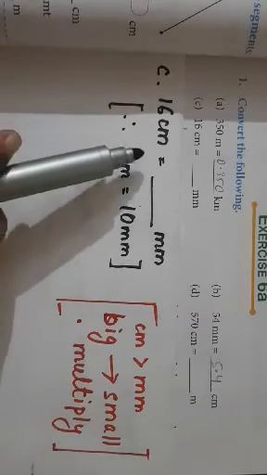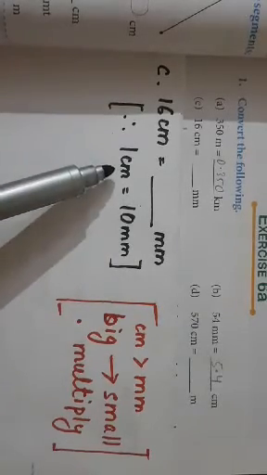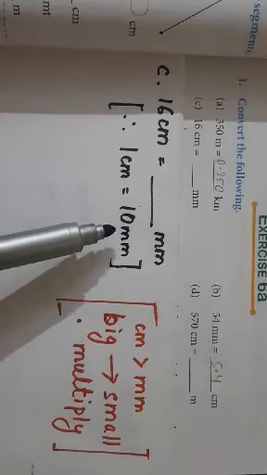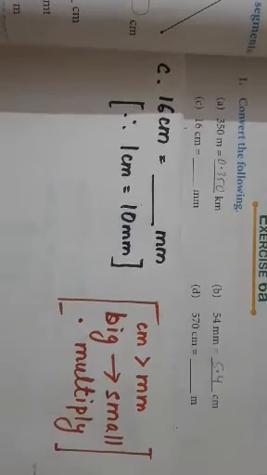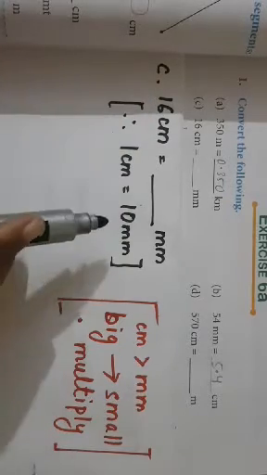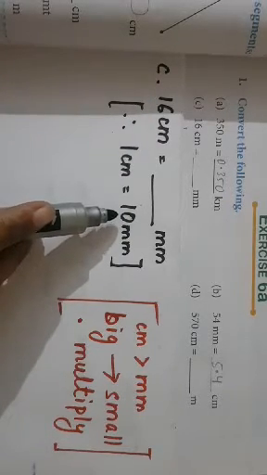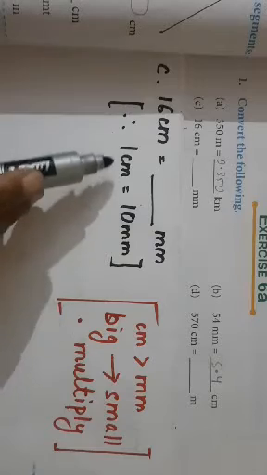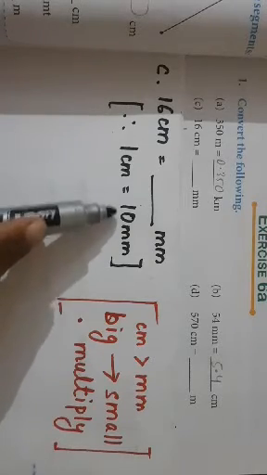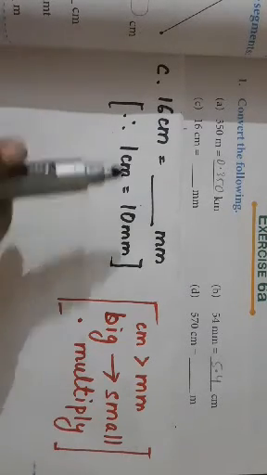What is the relation between centimeter and millimeter? 1 centimeter is equals to 10 millimeter. So we'll multiply this number, that is 16, with 10. जो relation जिस number से बनता है हम उसी से multiply या divide करते हैं.